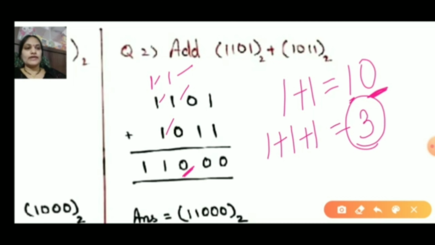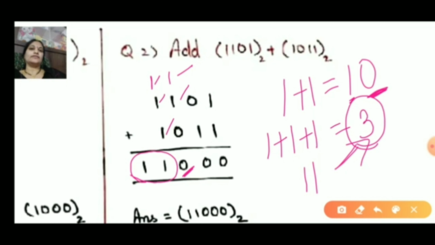That's why we have to write the binary equivalent of the 3. What is the binary equivalent of 3? That is 1 1. That's why we have written 1 1 here. Okay.